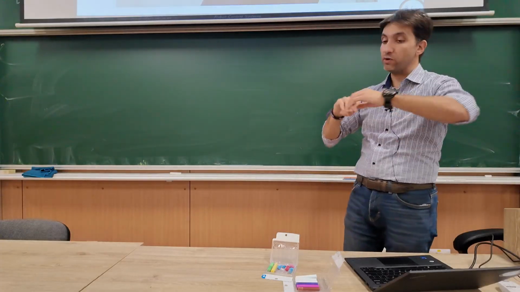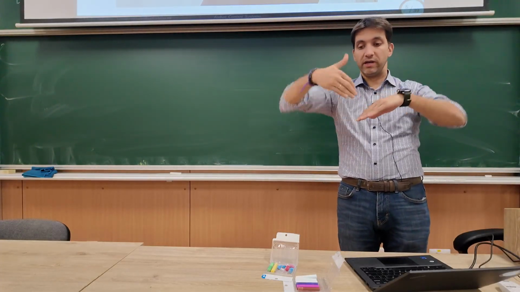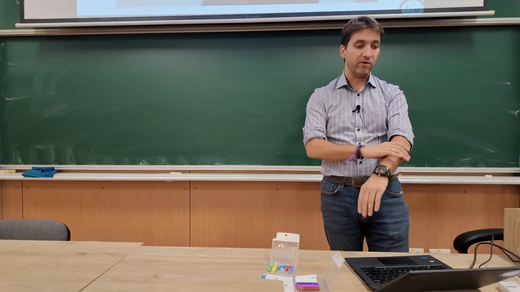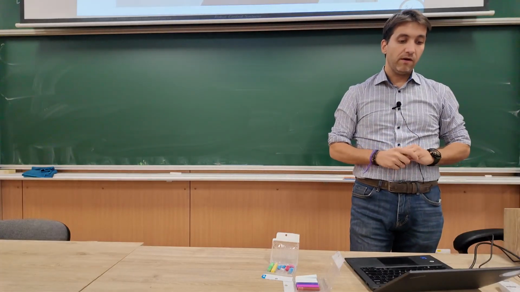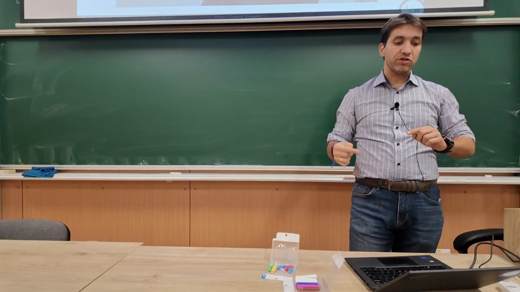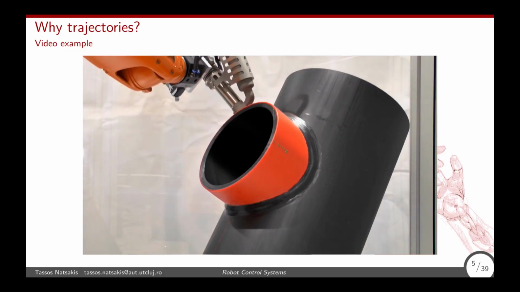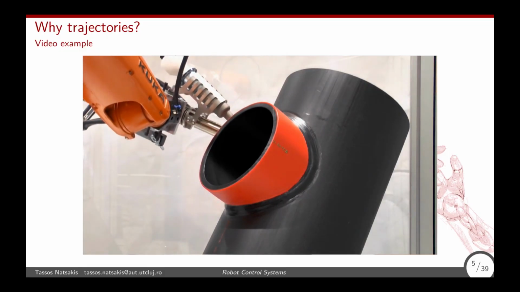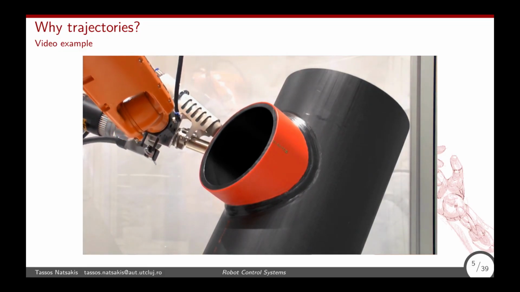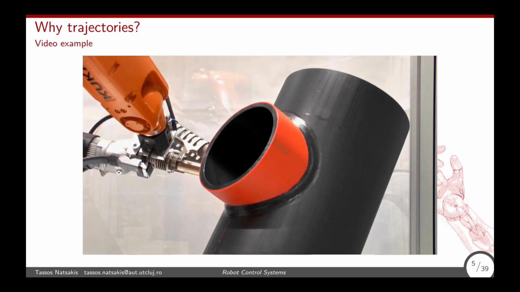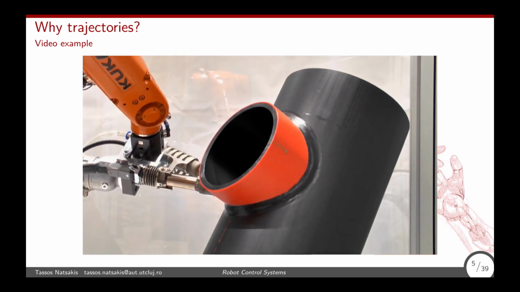Like in this case, gluing. Right? We cannot glue in any orientation, or we cannot weld in any orientation. So we have to make sure both the position and the orientation somehow follow a specific trajectory. Right? So very simple example, I guess this demonstrates. This can be for any kind of operation of the robot.